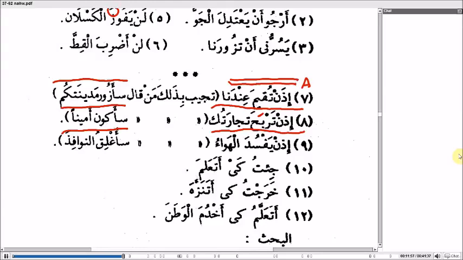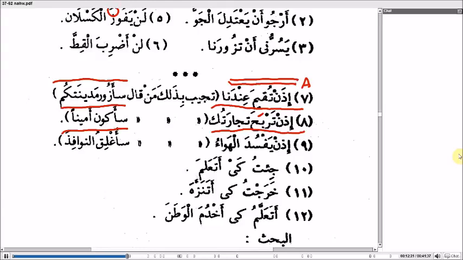It could be stale. It could be just expired, right? So here we mean yafsuda al-hawa, meaning it's going to become stale in the room. The air is going to be, I don't know what you would say in English, maybe stale or something like that. It's not going to be fresh and moving around, right?